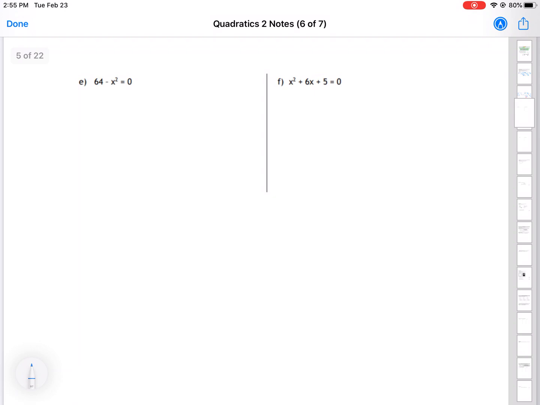Now, the next set of questions here. So first of all, the first one is the difference of 2 squares again. Since we have 64, which is a square number, and x squared, which is a squared term, and a minus in the middle, it's still a difference of 2 squares. In this case, we end up with 8 minus x and 8 plus x.